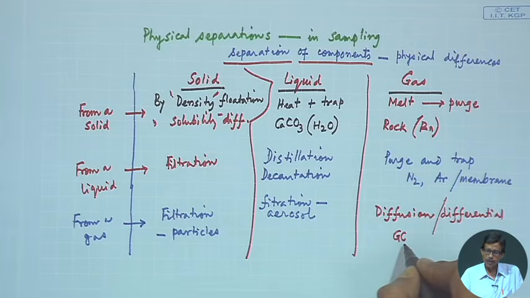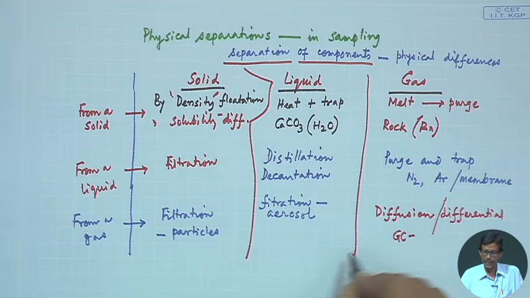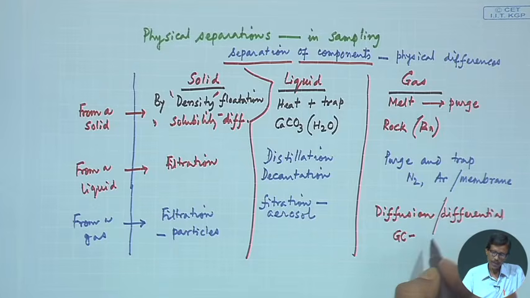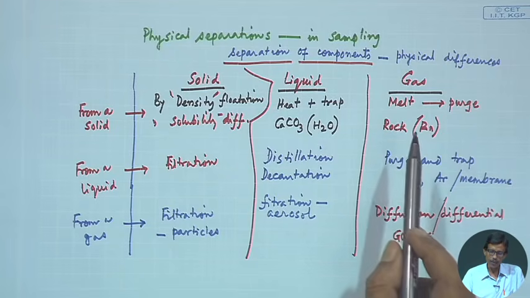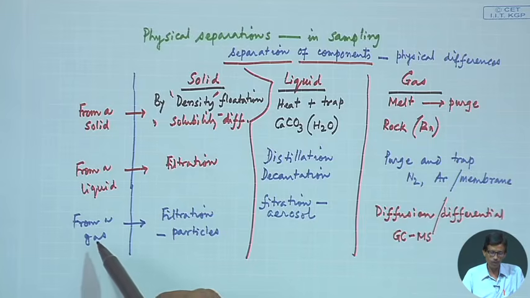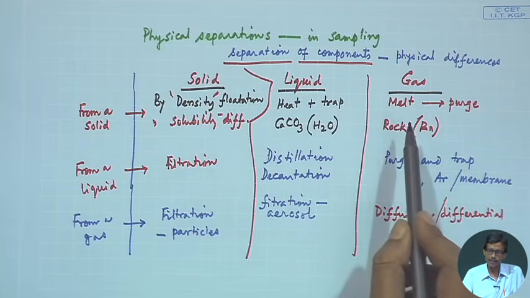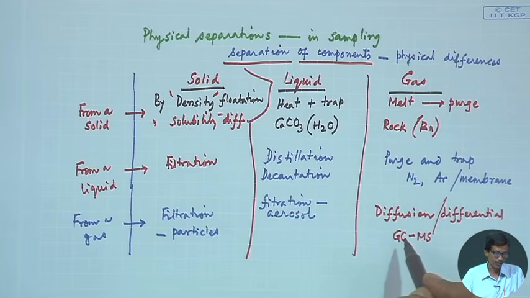So, this gas chromatographic technique is the separation of these through some diffusion of these different gases, where we can have a carrier gas, and the carrier gas is purging the other gases, and then mass wise the individual gas can be separated. So, if this is coupled with a mass spectrometer, the corresponding instrumental technique is the GCMS technique, and that GCMS technique is based on the diffusion of one particular gas from the other gas from which we want to separate this particular gas by this particular differential diffusion technique.